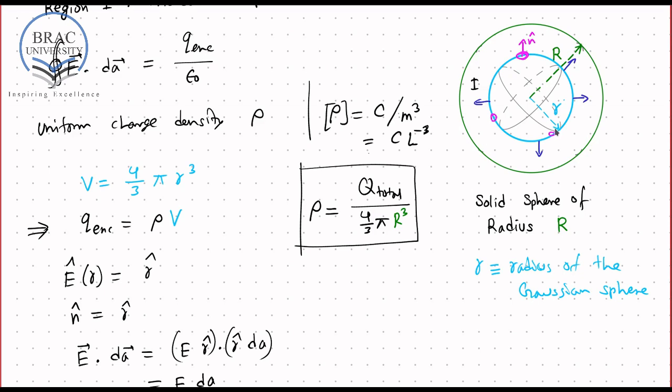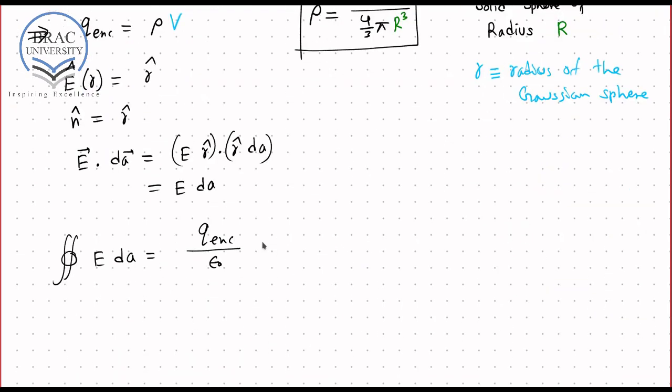That is, the electric field will be uniform at a distance small r from the center, and if the electric field is uniform, we can take it outside the integral, and have E times the integral of dA equals Q enclosed divided by epsilon naught. Now what is this integral of dA?